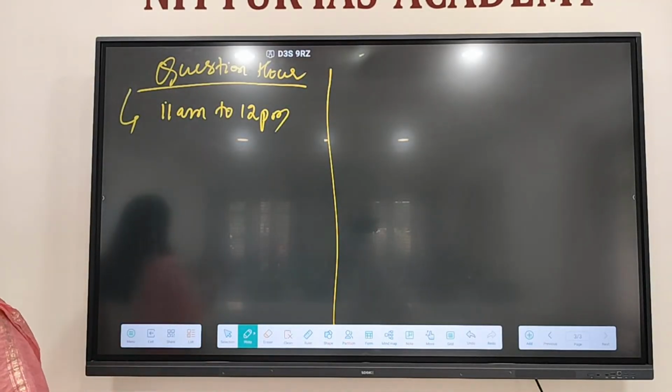Usually Parliament starts at 11. 11 to 12 is the question hour.